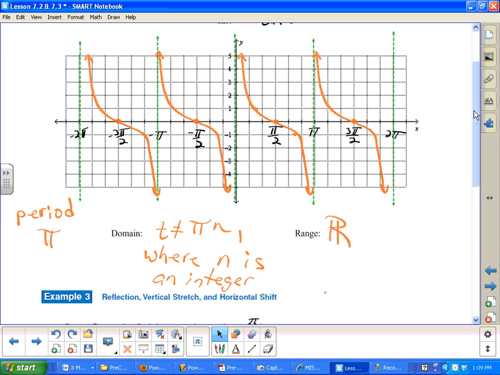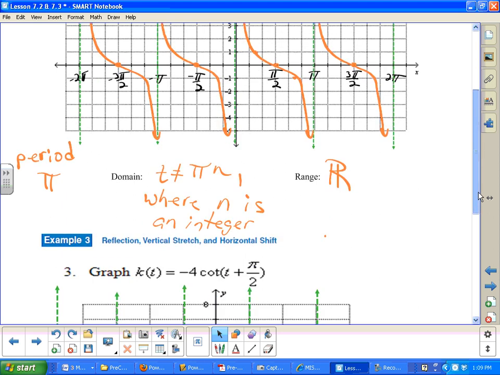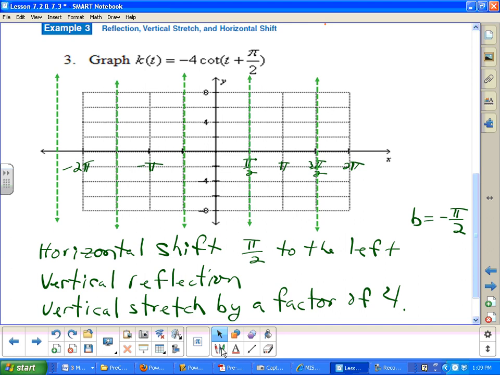Okay? So in between my asymptotes, I'm still at 0. So I'm at 0 here, here. Oh, we need a different color. Let's go red. Here, here, there, there. Okay?